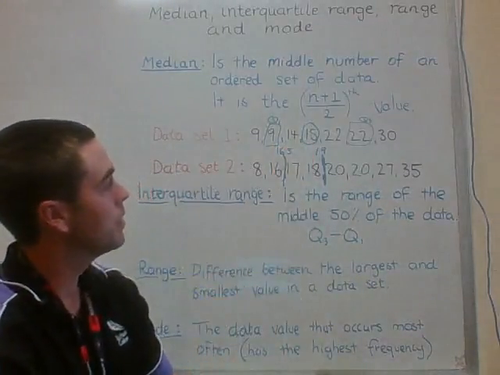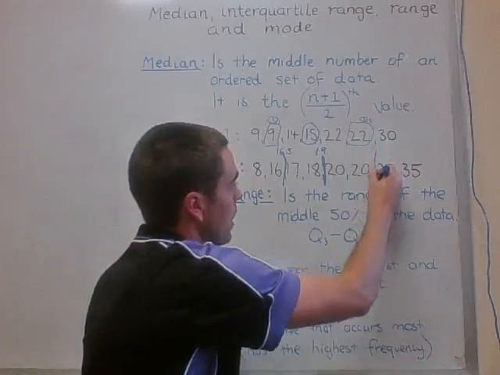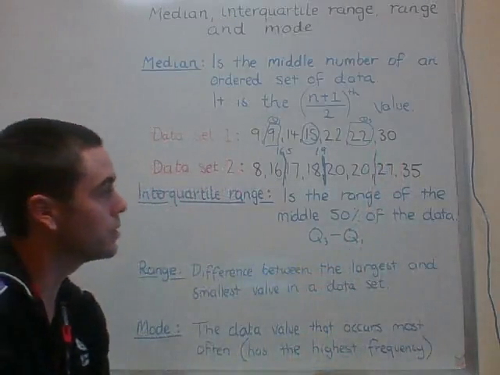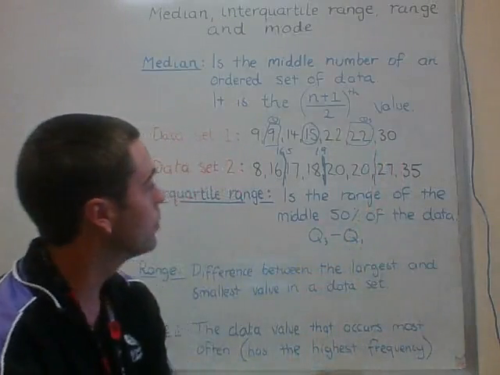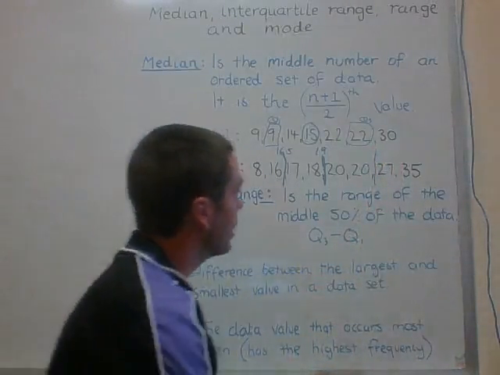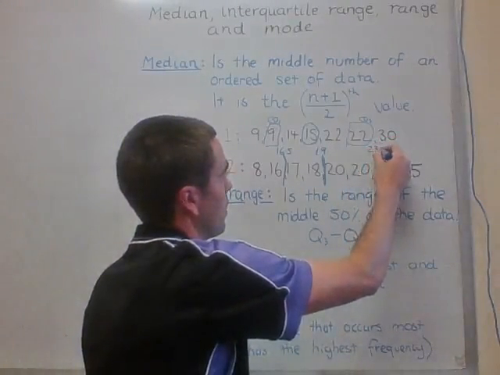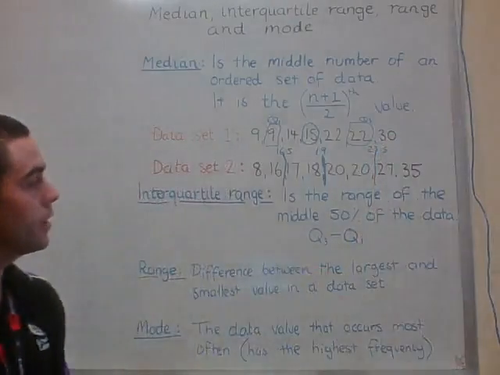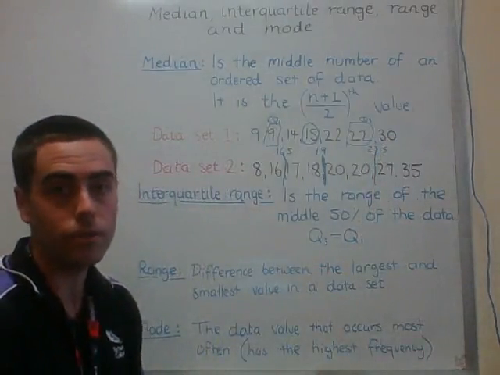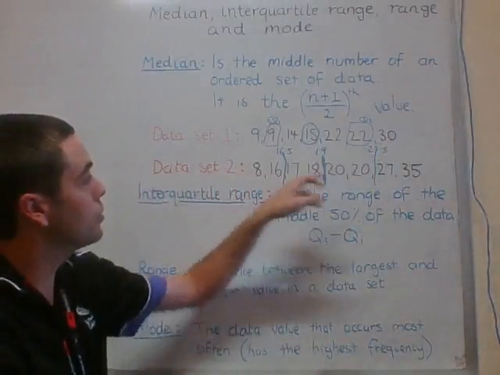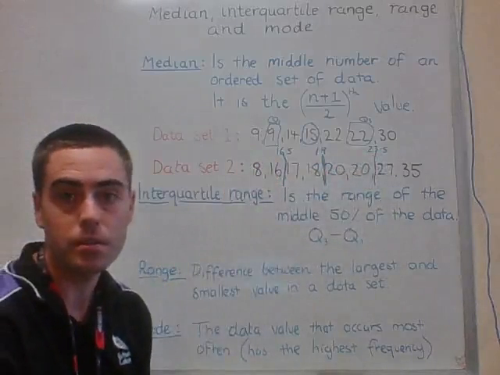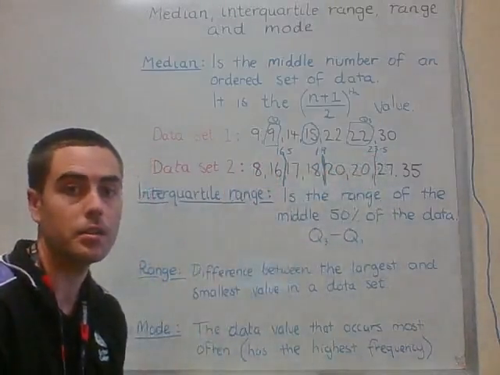And the middle of these 4 numbers here, between 20 and 27, is 23 and a half. So the interquartile range for data set 2 will be 23 and a half, take away 16 and a half.